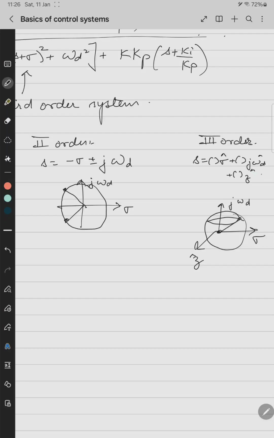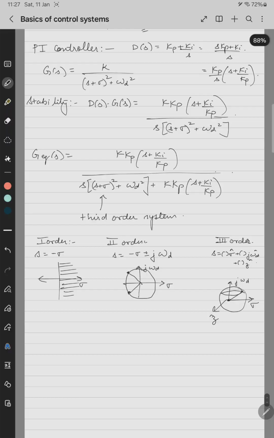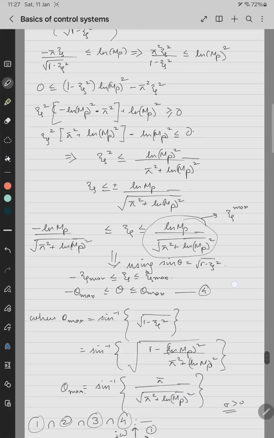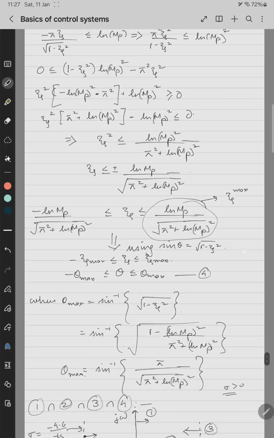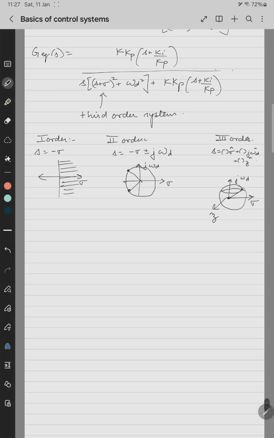Again, here sigma is greater than 0. Using this equation you will get basically no identity, because similarly in the first case, sigma greater than 0 makes no contribution. Already we know that sigma is greater than 0.